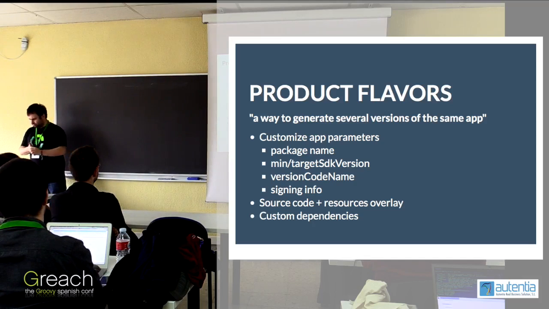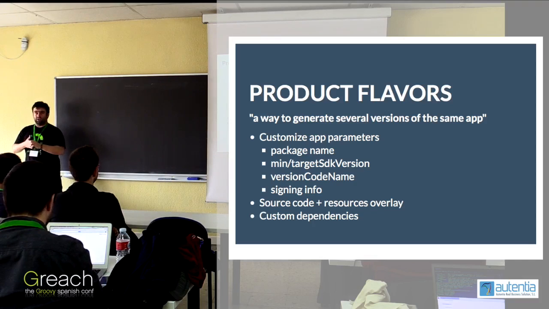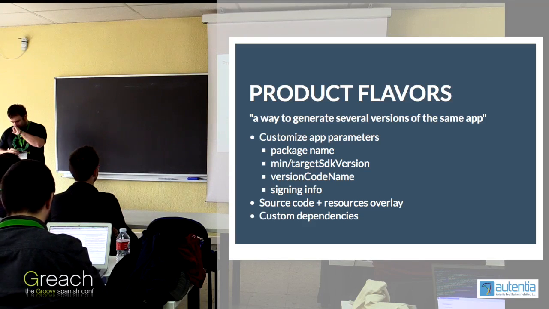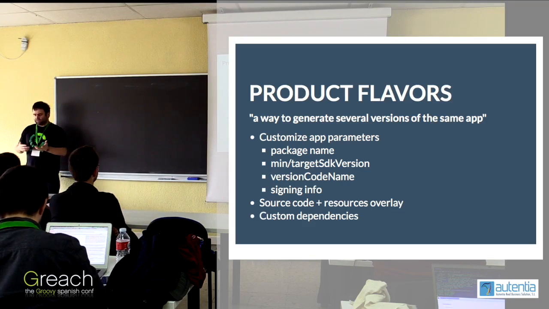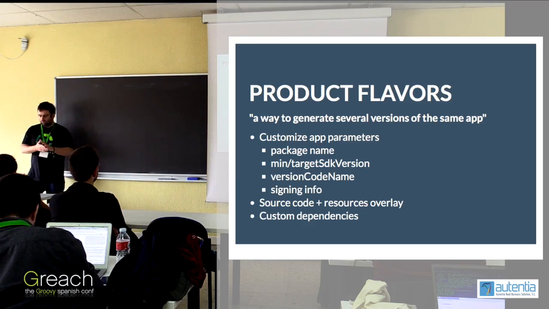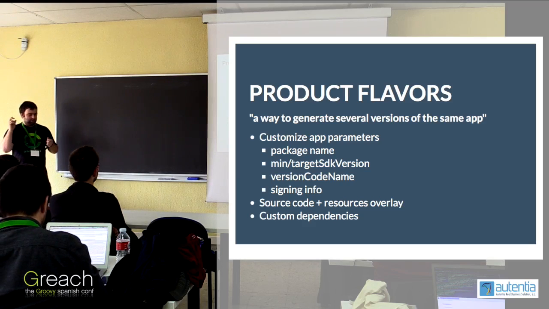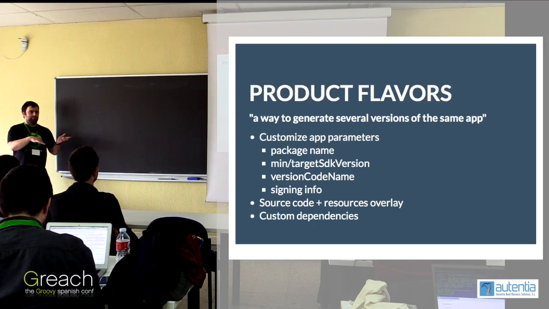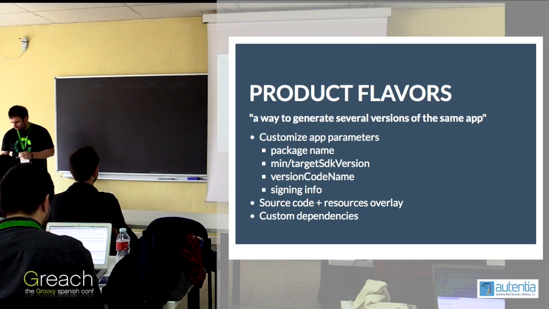But if you want to support older Android versions, you can have a second product flavor to deal with older APIs or stuff like this. And again, you have the same source code and resources overlay story. Everything you define in your product flavor source directory wins over the default one in your main source directory.